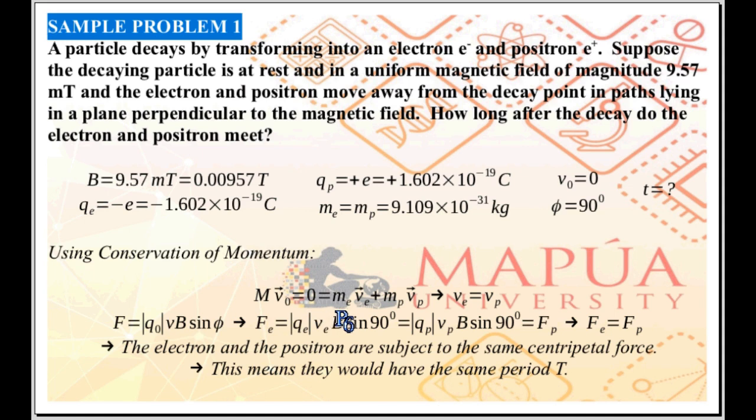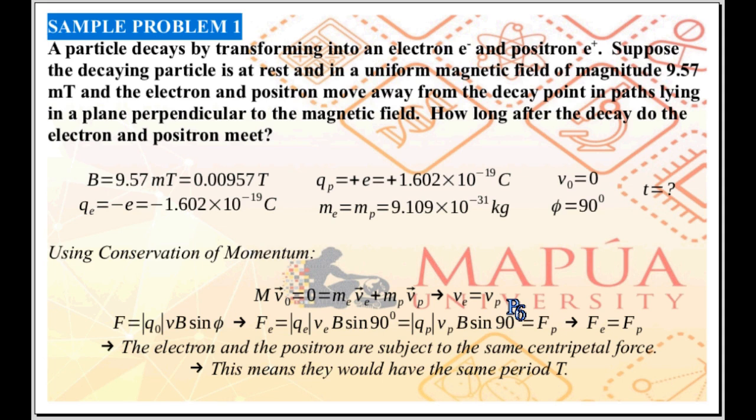So 0 is equal to momentum of the electron plus momentum of the positron. This equation tells us that the electron and the positron have the same speed. They are moving in opposite direction, but they have the same speed. We can cancel out mass since m_e is equal to m_p, which will give you v_e is equal to v_p. Speed of the electron is equal to the speed of the positron.